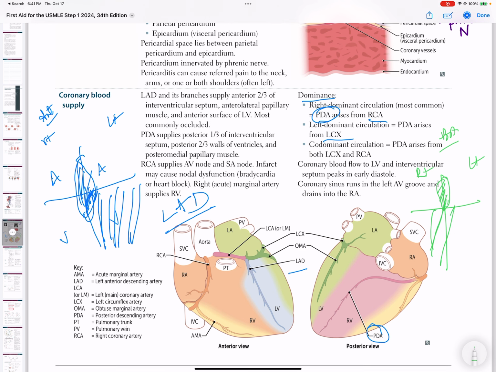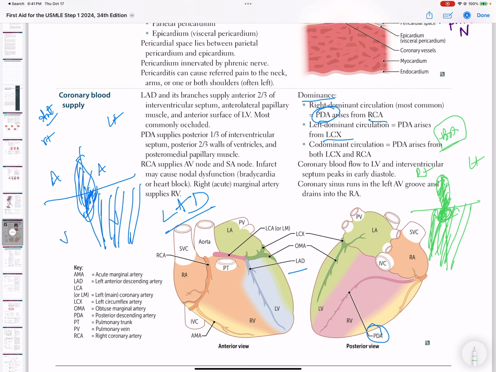So 2/3 of both the ventricles. Okay, one, and then posterior medial papillary muscle. So these three things: posterior 1/3 of the interventricular septum and the 2/3 of the ventricle walls and the posterior medial papillary muscle. This is the PDA.